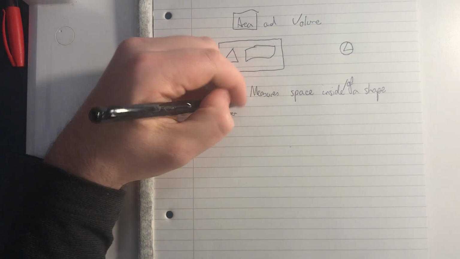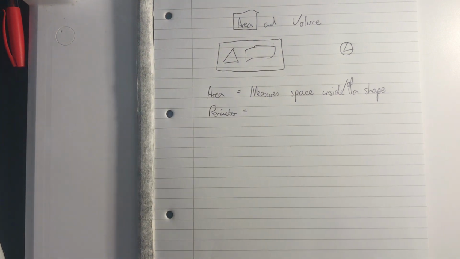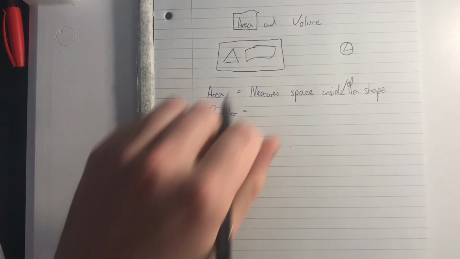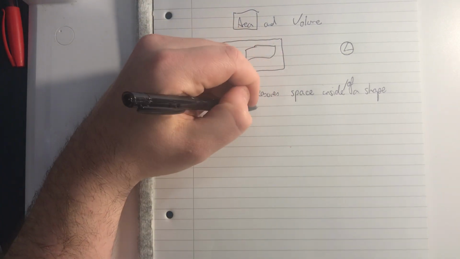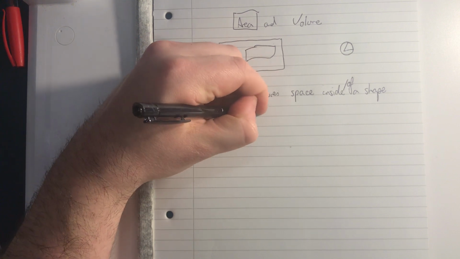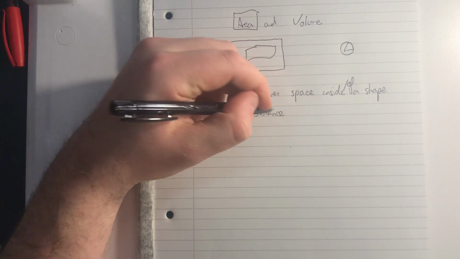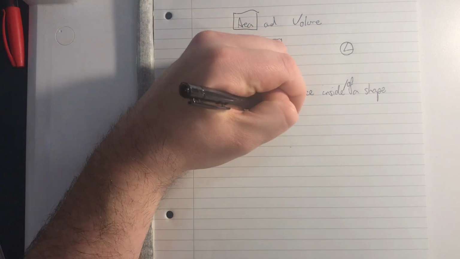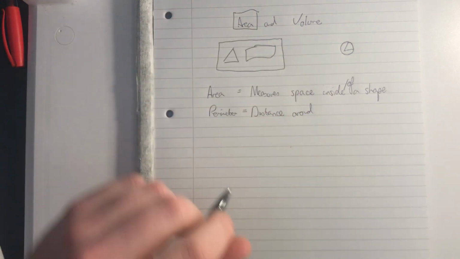And perimeter is all about the distance around the outside.